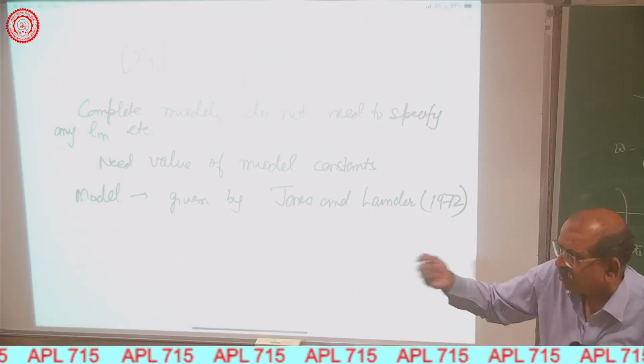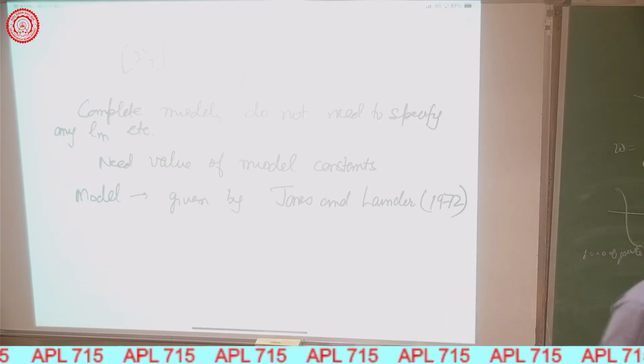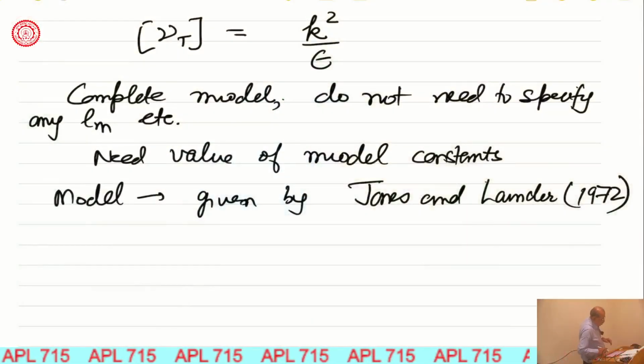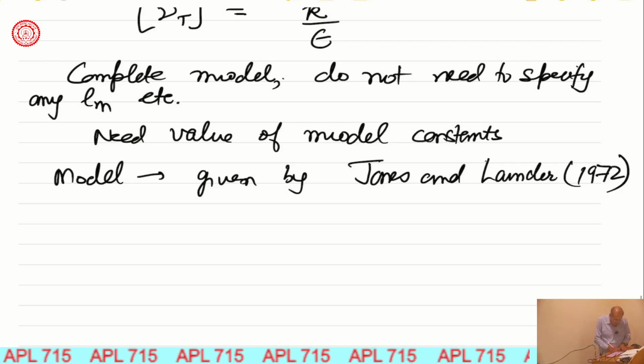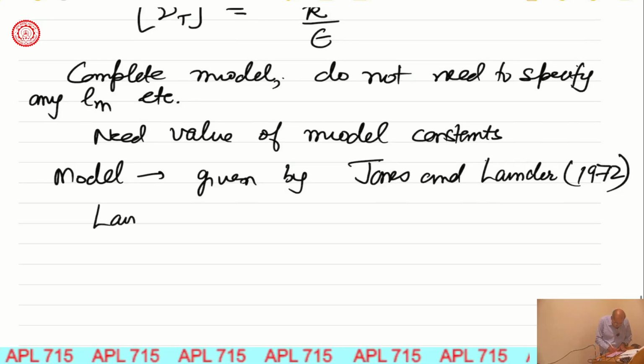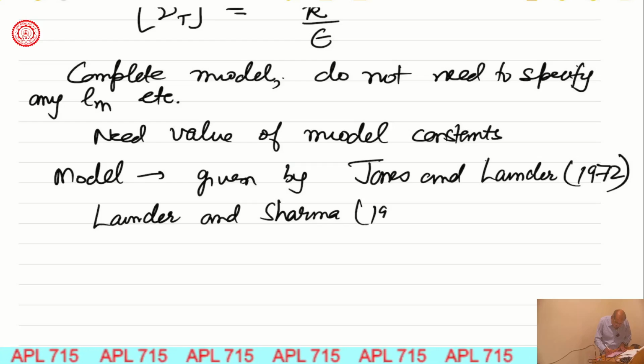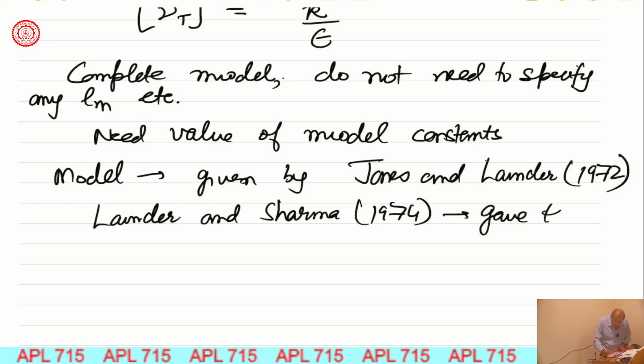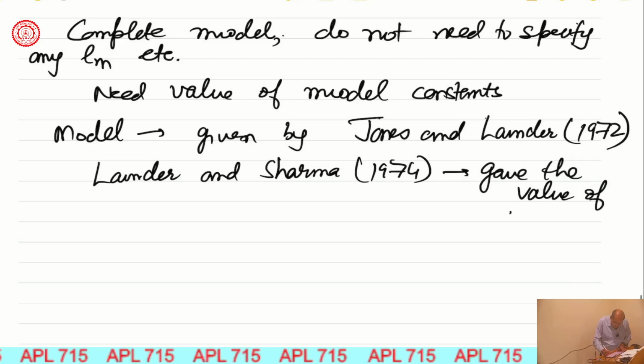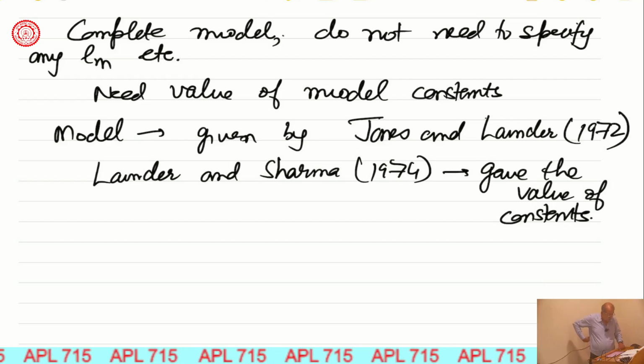Of course, people have been trying different variations, but the first time it came as a k epsilon model was by Jones and Launder, and Launder and Sharma in 1974 gave the value of the constants which are coming here.